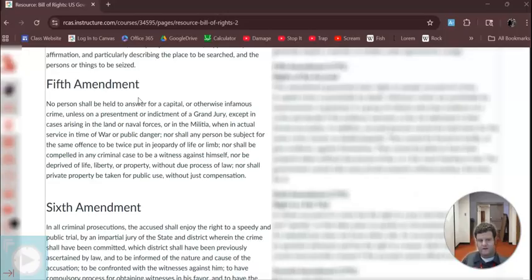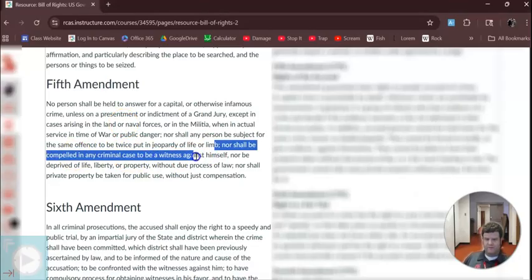Another thing that's in there is due process of law, and this bit here about how nor shall be compelled in any criminal case to be a witness against himself. When you are accused of a crime, you are innocent until proven guilty. And what that amounts to is you are not required to defend your guilt.